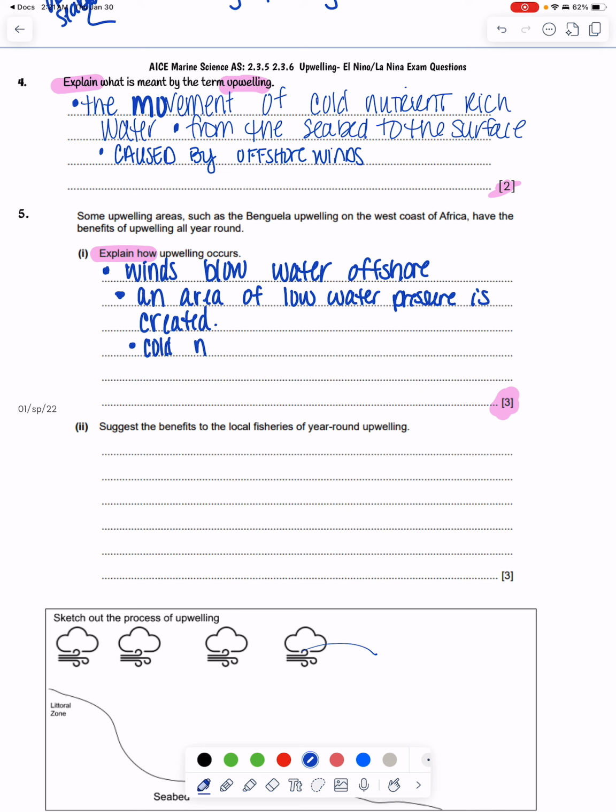Cold, nutrient-rich water. And if you don't say nutrient-rich, that's okay. You don't have to say it necessarily in this statement, but we will reference the nutrients in the next one. Rises from the seabed to the surface.